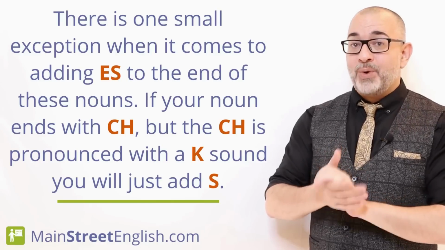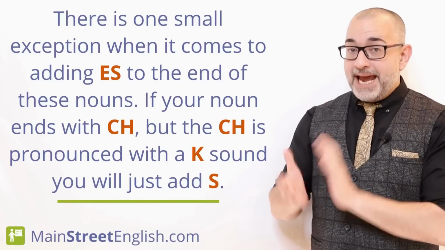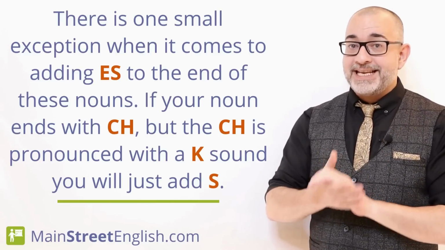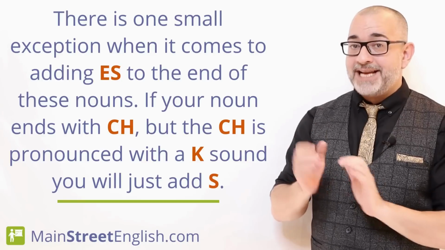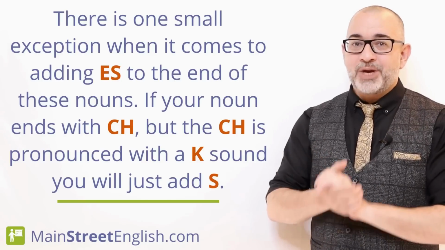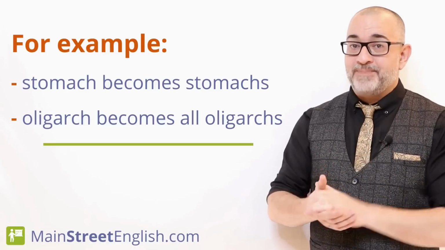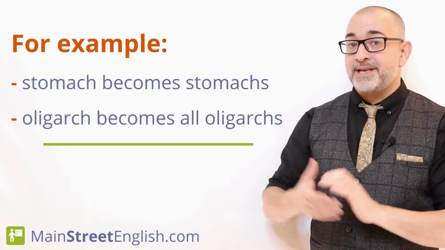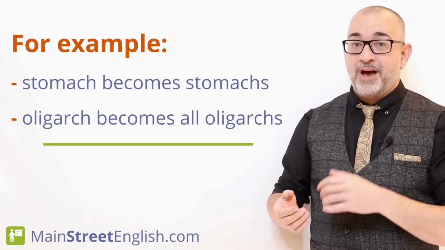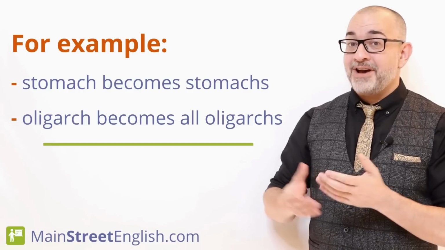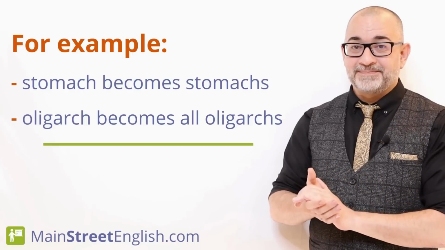There is one small exception when it comes to adding ES to the end of these nouns. If your noun ends with CH, but the CH is pronounced with a K sound, you will just add S. So for example, stomach becomes stomachs. Oligarch becomes oligarchs.